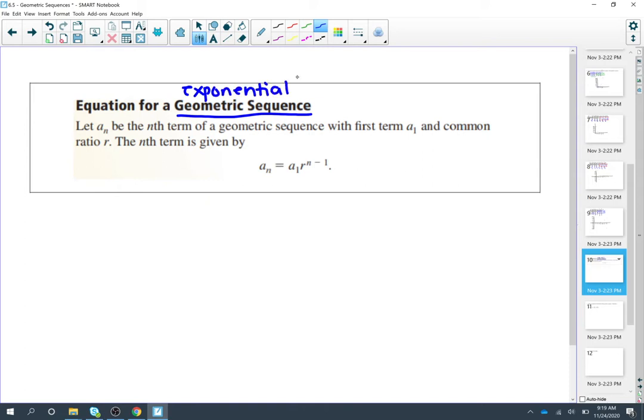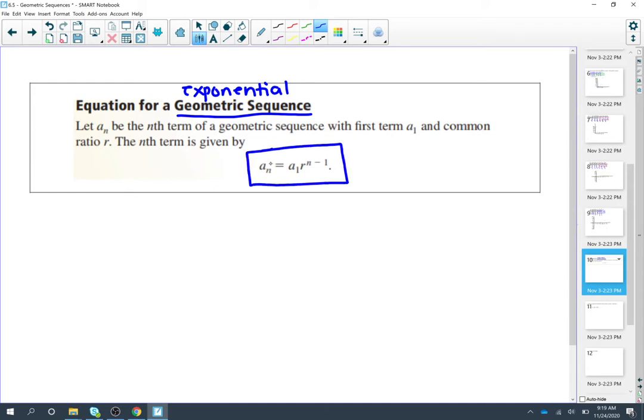So when we did linear and we did arithmetic, we could revert back to y equals mx plus b, or we could use the formula they gave us. We can kind of do the same thing with geometric, but it's a little more confusing. So the first example, I'll go through both of them, but really, this is the formula that we're going to use.